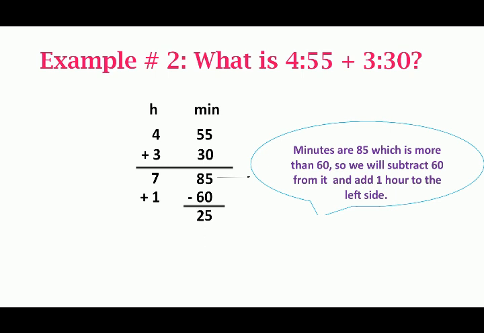So that's what you do. You subtract 60 from the minute side and you add 1 to the hour side. As you already know, 1 hour is equals to 60 minutes. So 5 minus 0 gives you 5. 8 minus 6 gives you 2. And 7 plus 1 is 8. So your final answer is 8 hours and 25 minutes.